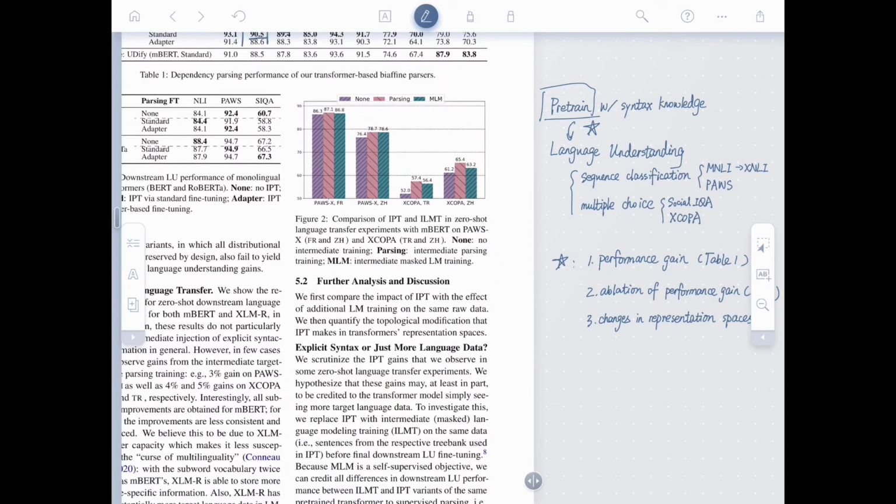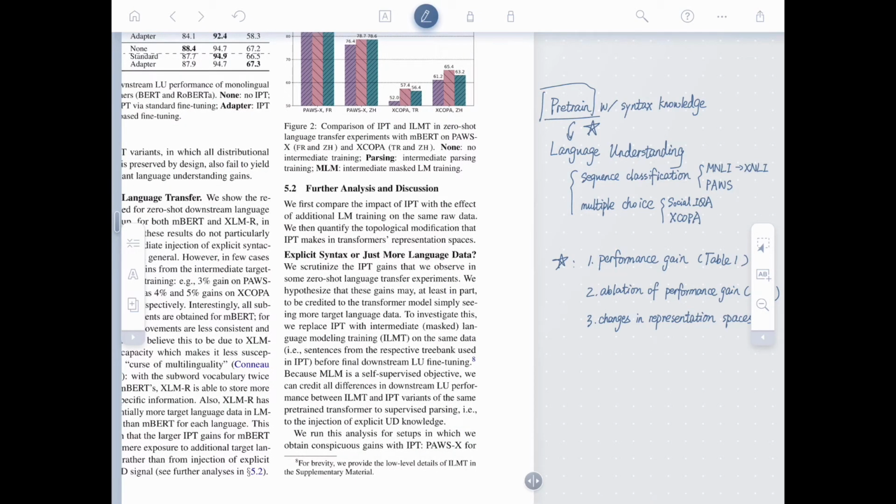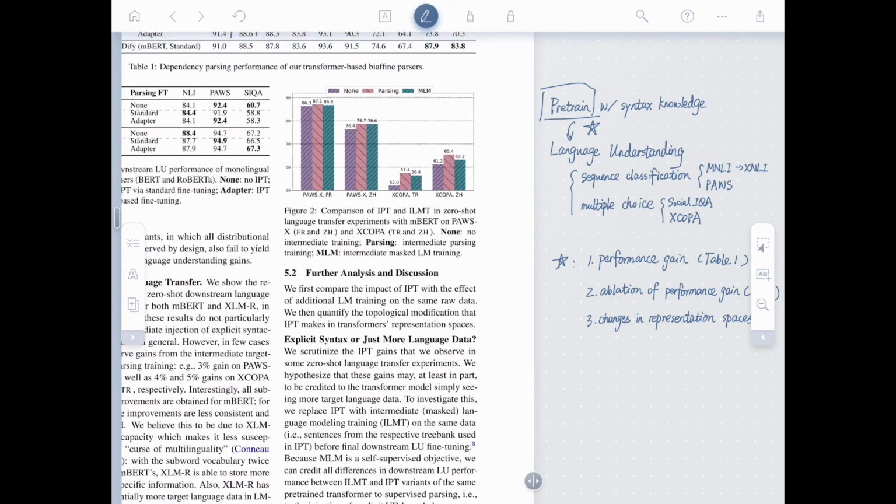In order to do an ablation study, they pre-train the language models with the same Universal Dependencies dataset, but using the masked language model task. They call this ILMT.